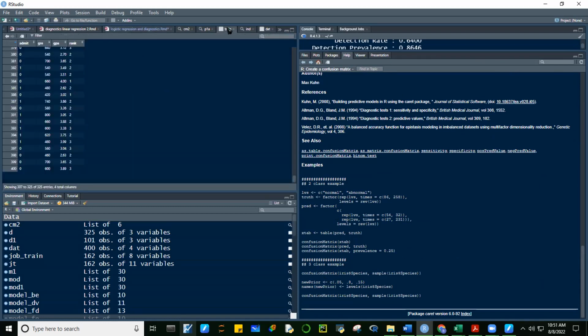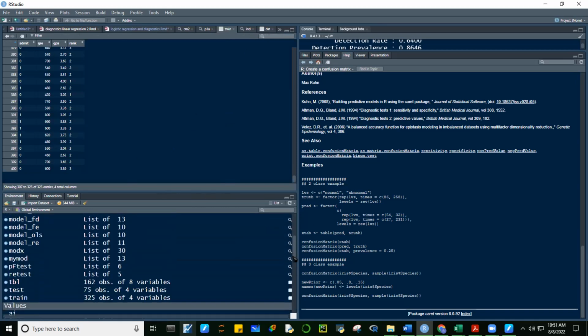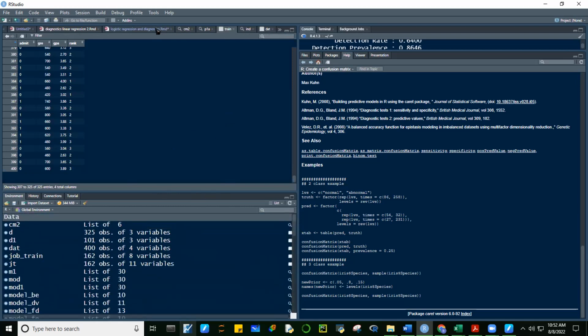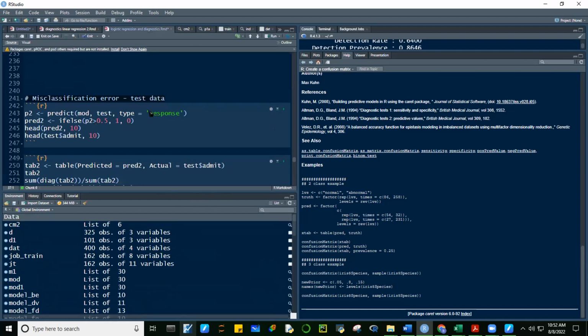Kaya nga natin pinapartition to para hindi tayo mag-overfit, so that we can expose our model to new data that it has not yet seen. Kasi yung test data, hindi pa niya nakikita yan. Yung test data natin, 75 lahat yun. So we're now going to use our model for the test data set.